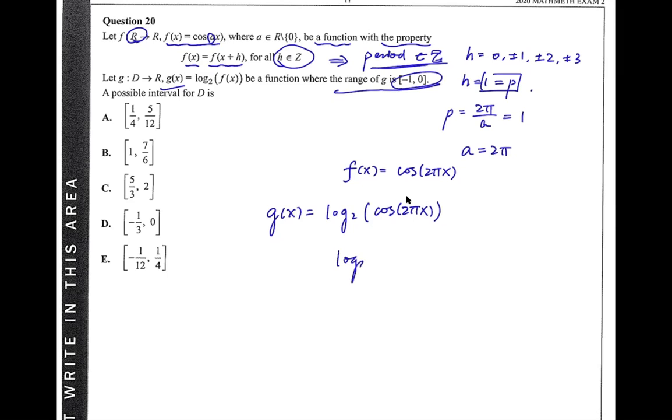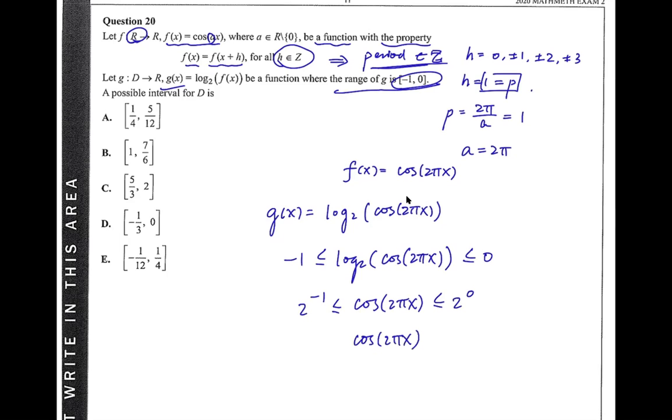So log base 2 of cosine 2 pi x greater than or equal to minus 1, smaller than or equal to 0. 2 to the power of minus 1 smaller than or equal to cosine 2 pi x, smaller than or equal to 2 to the power of 0. And the cosine 2 pi x is smaller than or equal to 1 and greater than or equal to half.